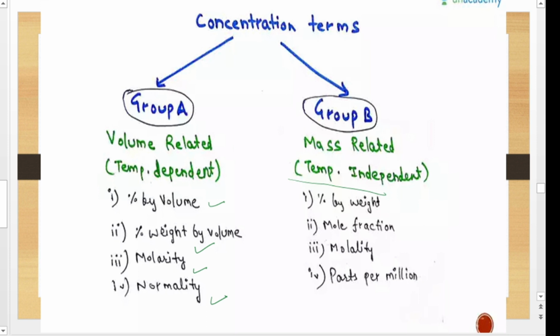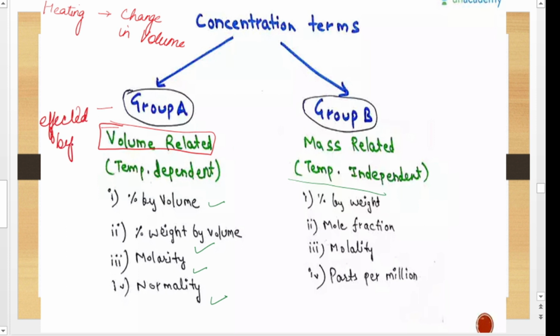I am classifying them into volume terms and non-volume terms because when you heat anything, there is a change in volume. So keep that in mind: when we talk about any concentration term which has a volume-related quantity in it, it will be affected by temperature.